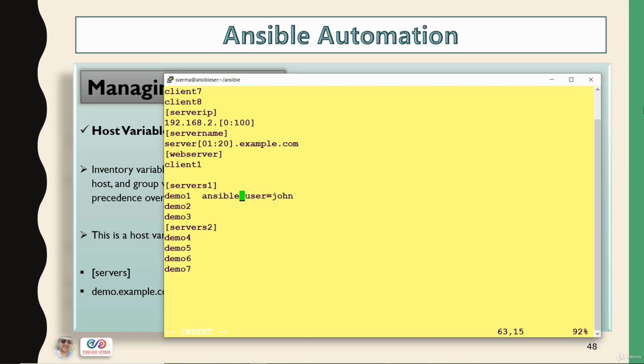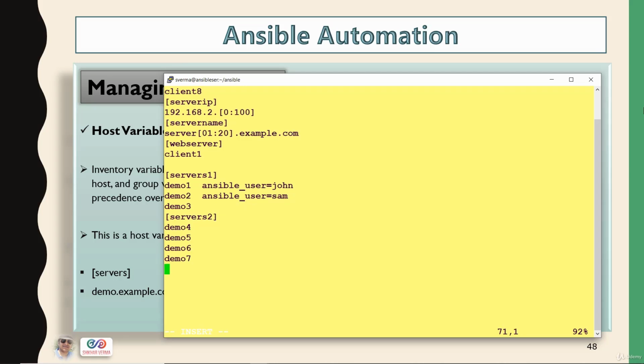This variable is defined only for demo1, so it is applicable only to this server, not the entire group. Suppose this is another server, and for this server I have given another user, like Sam. This is another host variable, applicable to the demo2 server.